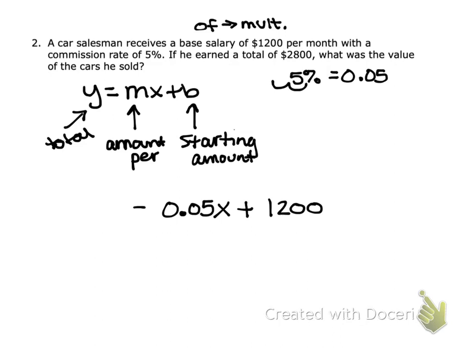And then what Caitlin had said is, well, it equals the total amount he earned is $2,800, so that's on the other side of the equal sign. And that is correct. We are looking for the value of the cars he sold, so the x. So now we're solving an equation. We're going to subtract 1,200 from both sides.